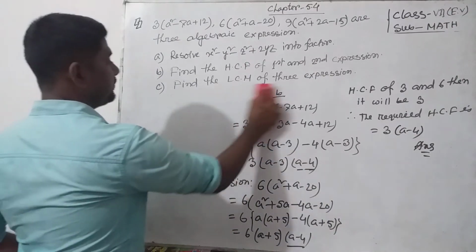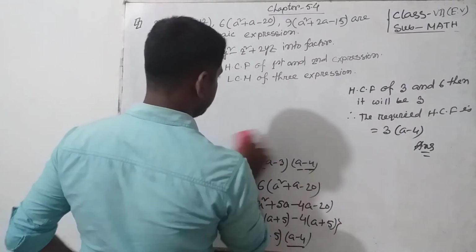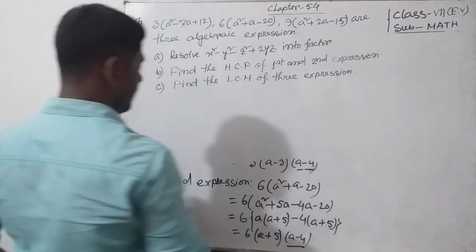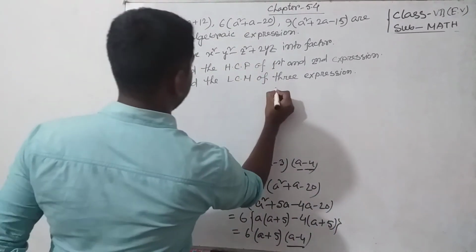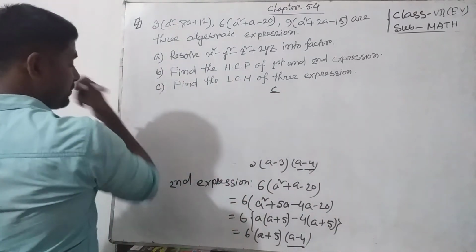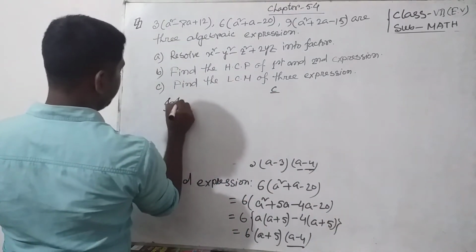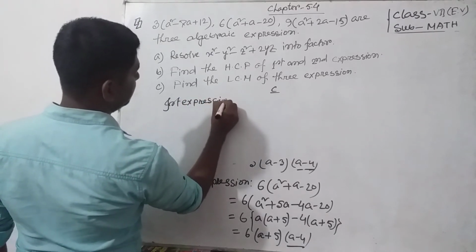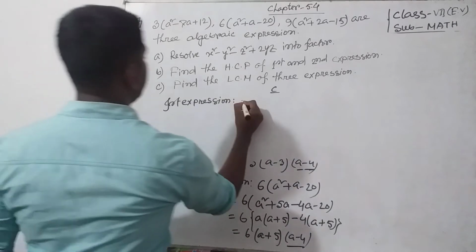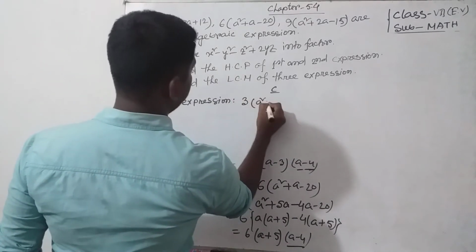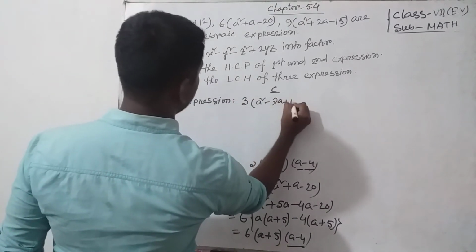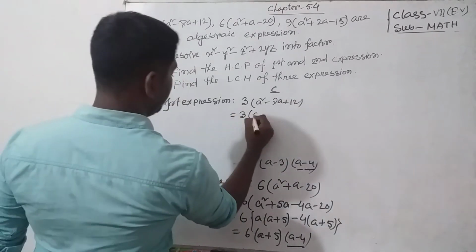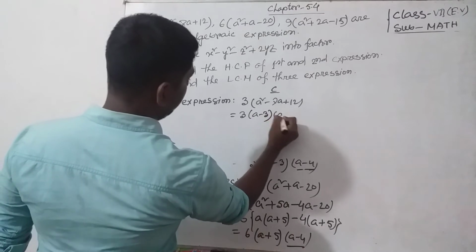Number C, first expression equal 3 into a square minus 7a plus 12. So we can write it 3 into a minus 3 into a minus 4.